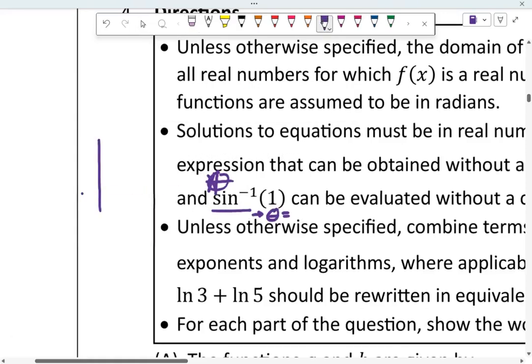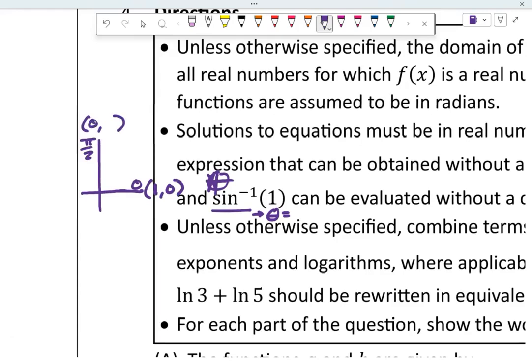At 0, what's our coordinate pair at 0? 0 radians. 1, 0. And we already set up at pi over 2. What's our coordinate pair? Which one is sine equal to 1? Which one is sine? The x or the y? So where is y equal to 1? So our answer is pi over 2. And you would be expected to give that.